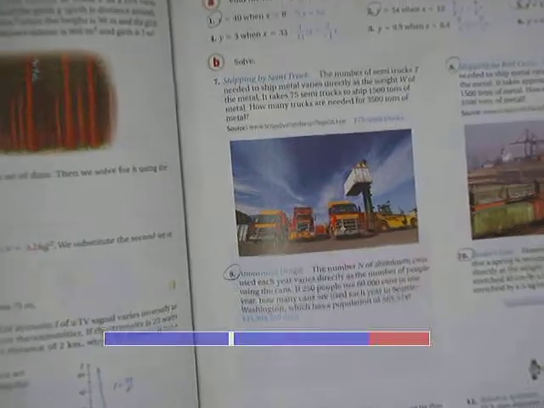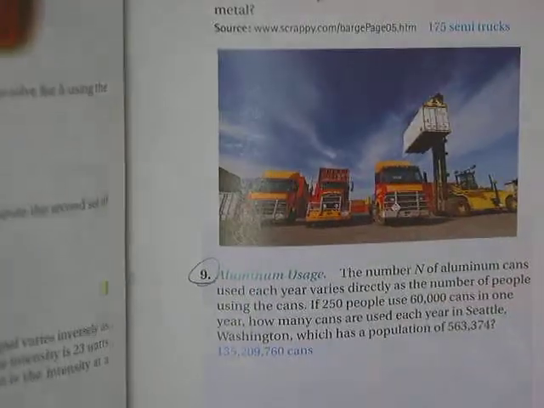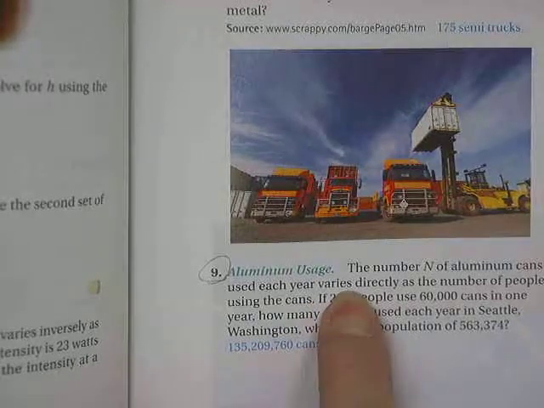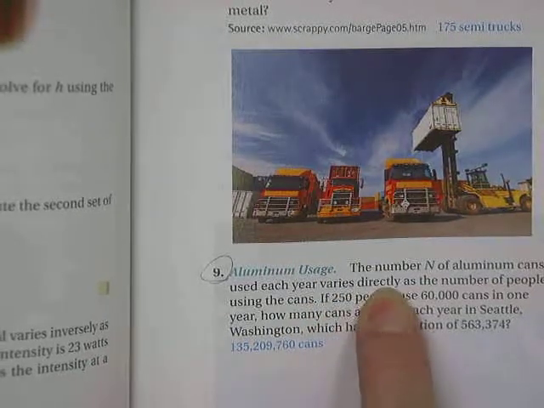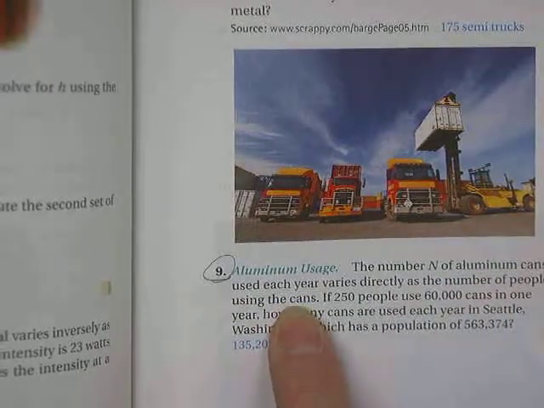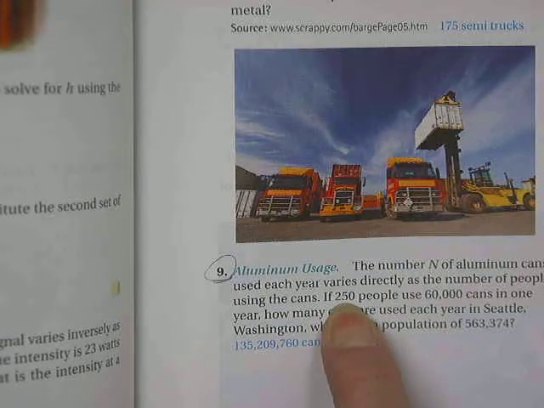Okay, let's do a word problem. You can even see the answer before we even do it. That's fine. Number 9. The number of aluminum cans used each year varies directly, so we know we're using y equals kx, as the number of people using the cans.